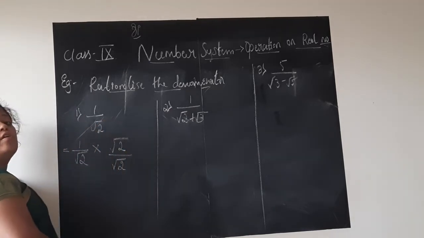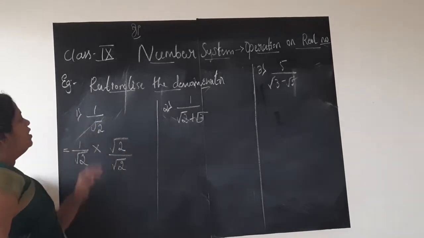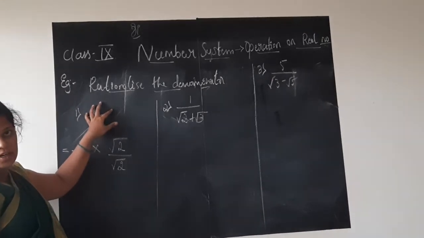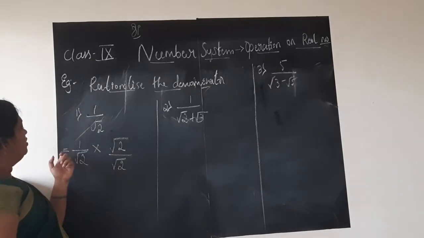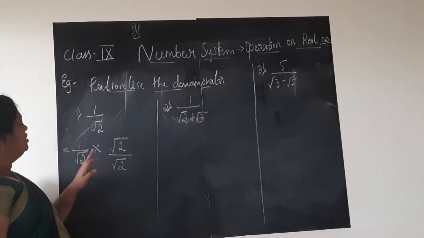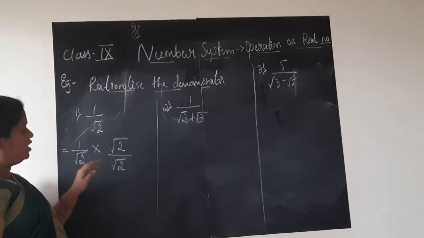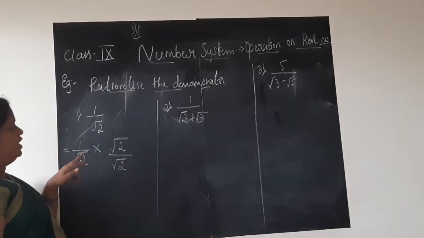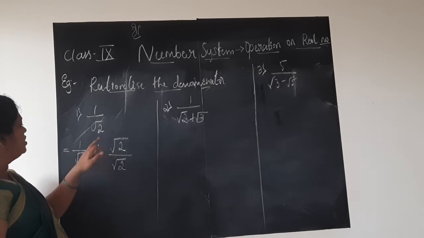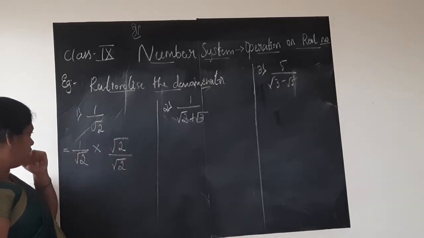How you do it is: first step, start with the equal to sign and write the question as it is. After writing the question, write the multiplication sign. Whatever is there in the denominator, multiply and divide by the same number. Root 2 was there, so I did square root 2 by square root 2.